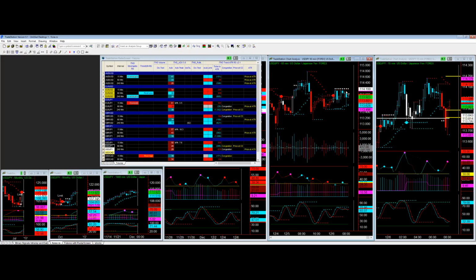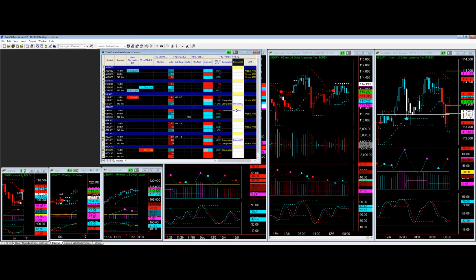So in this case, we did not have diverging volume, so this is not an entry that I would be interested in taking. We also have price at ATR, which tells you when price is at either the congestion dot or the ATR. Those are my two entry points.